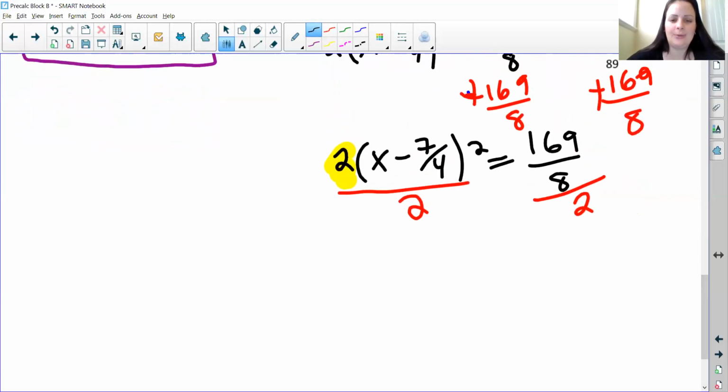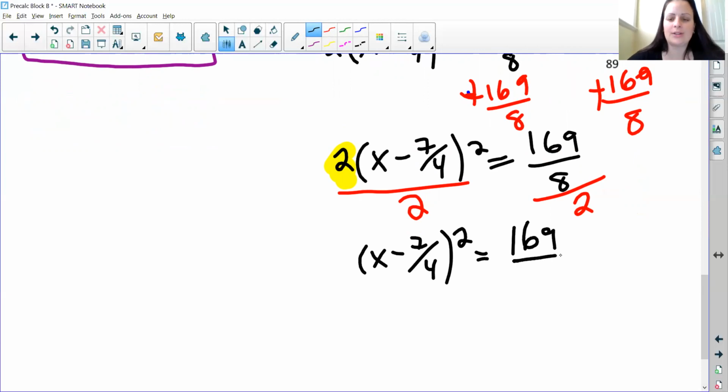So I'm going to be left with (x minus 7 over 4) squared equals 169 over 16. Remember, when you divide a fraction by 2, you're basically doubling the denominator.